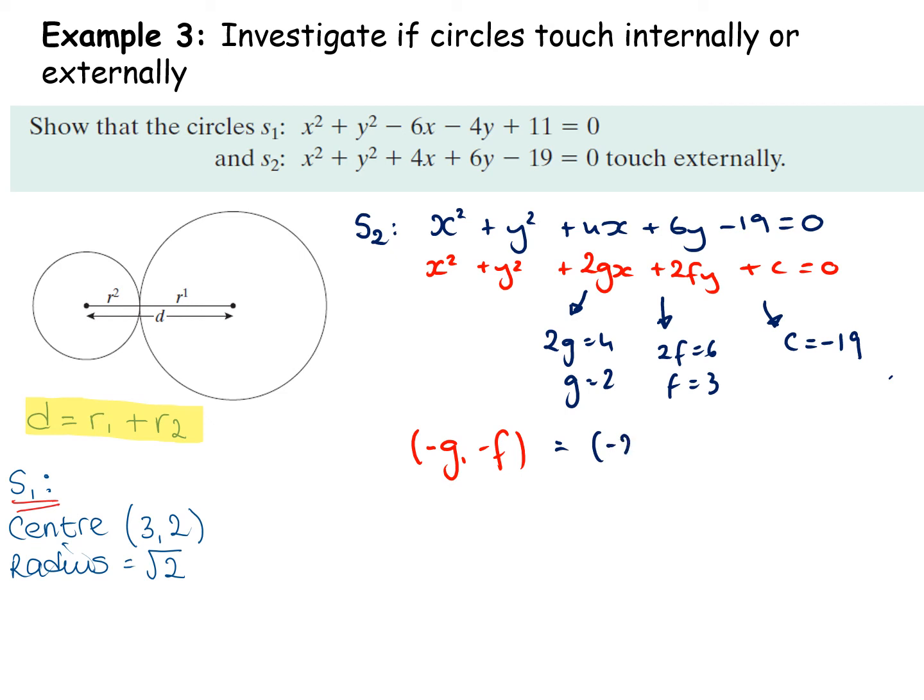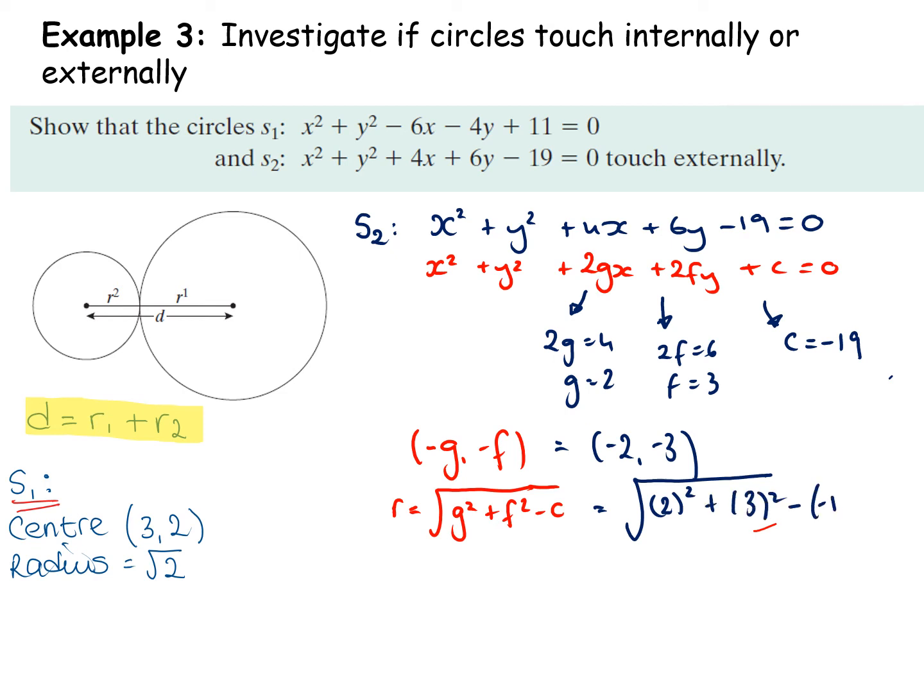So again, from page 19, (-g, -f) is the center. So that's (-2, -3). And my radius is given as the square root of g squared plus f squared minus c. I'm working that out: square root of 2 squared plus 3 squared minus 19.